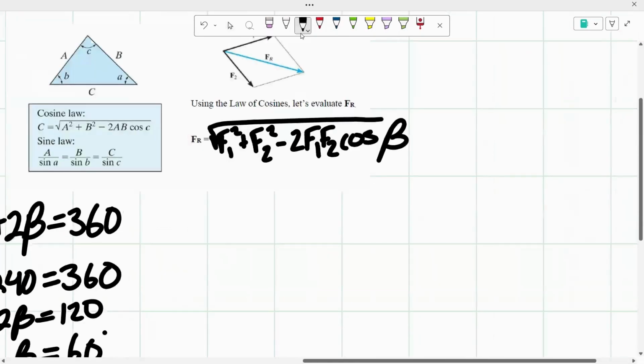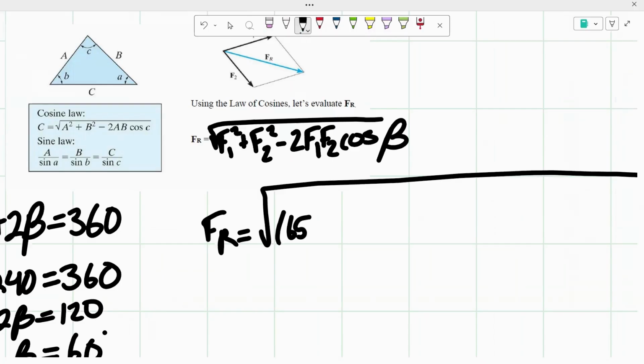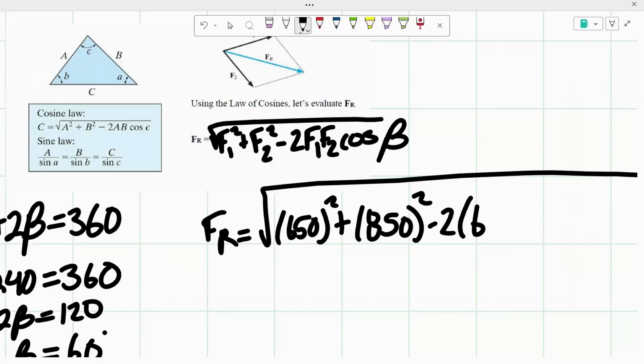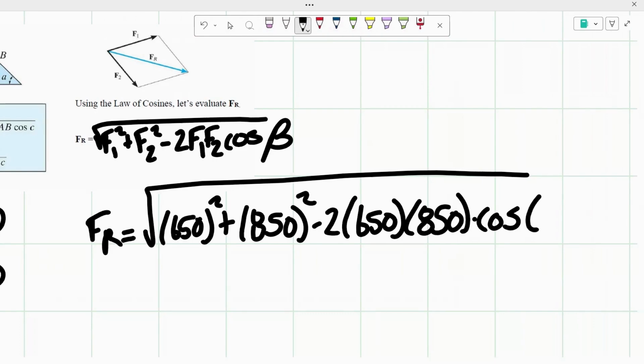So we get f of r is equal to the square root of 650 squared plus 850 squared minus 2 times 650 times 850 times cosine of, and we said that beta was 60 degrees.